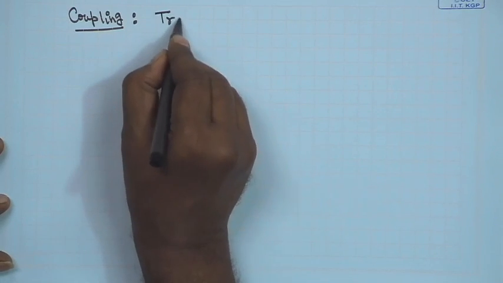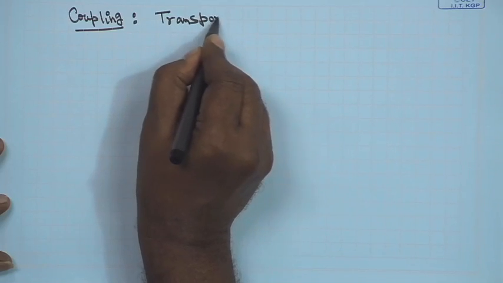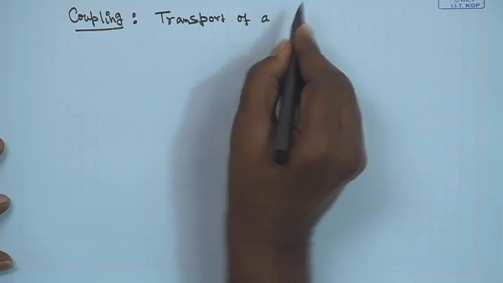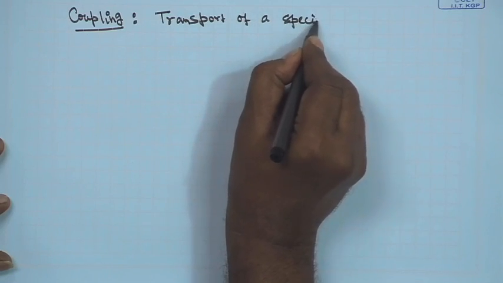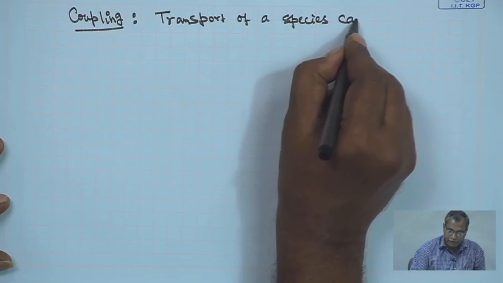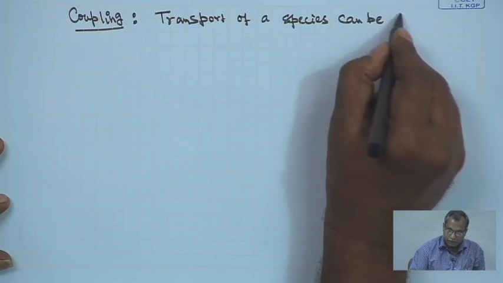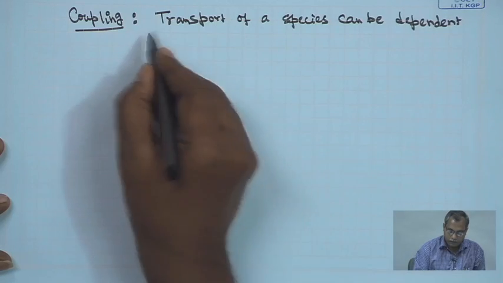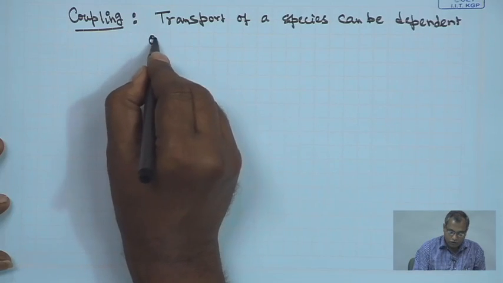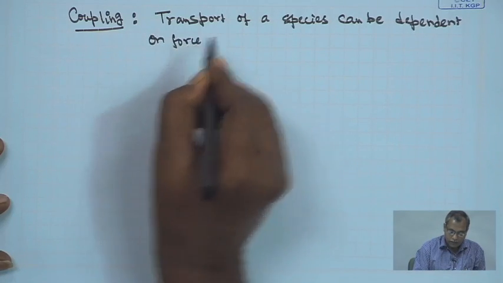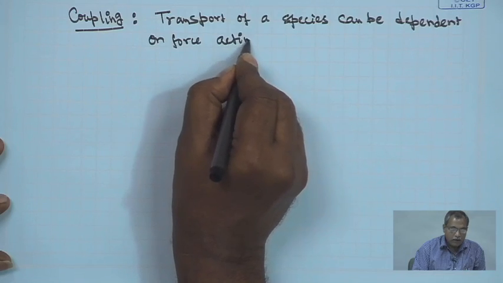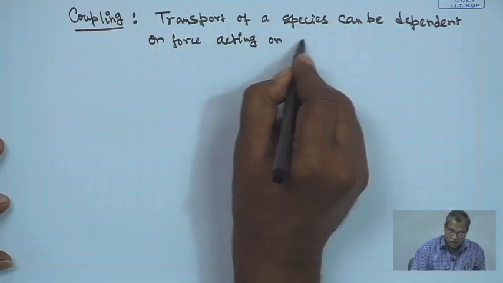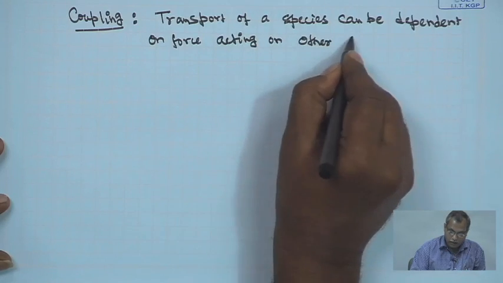That means transport of a species can be dependent on force acting on other species.